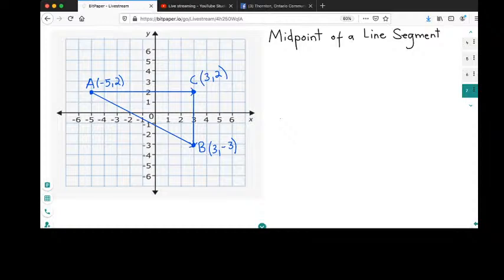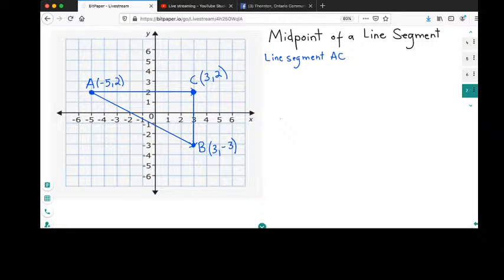Okay, now let's take a look here. If I've got 3 line segments, I'm going to call this first line segment AC. That's from here to here.